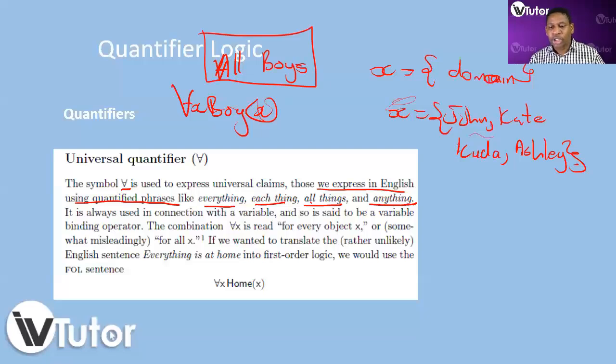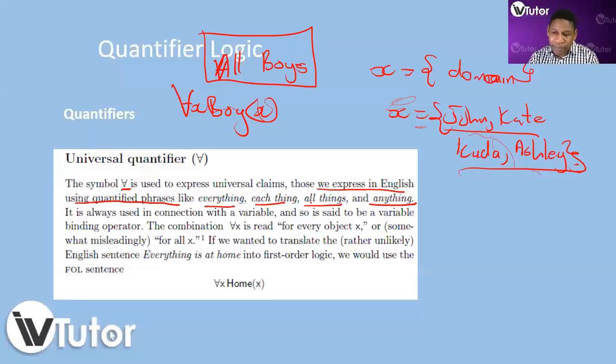So given a domain where X is this domain, and someone says all X are boys, or all elements are boys, all things in set X are boys, or all elements under this domain are boys, right? Now you can assign a true or a false value.